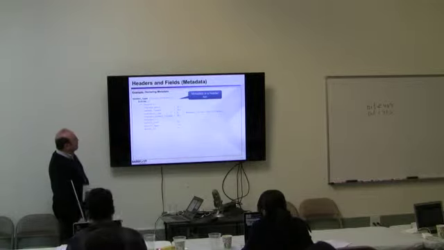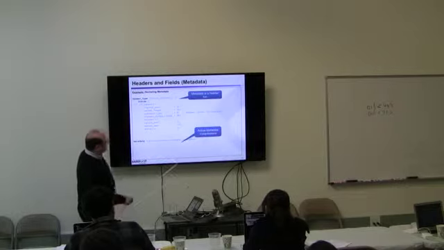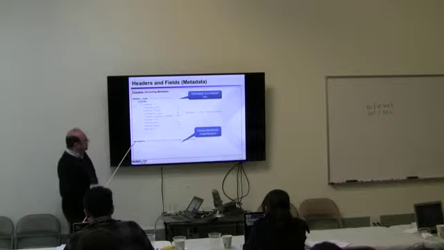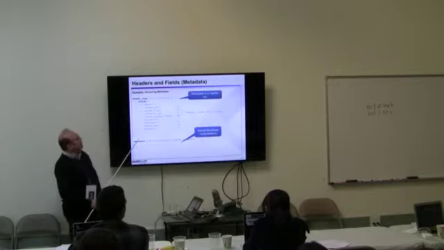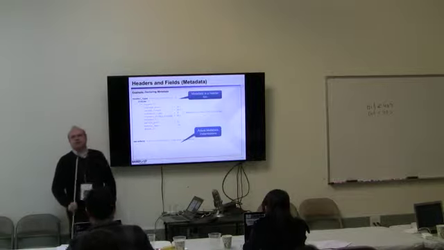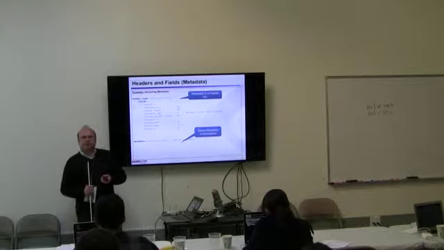Now, to declare metadata, you use the operator called metadata, not header, even though we used header type here. There are some important distinctions. What are the differences between headers and metadata?